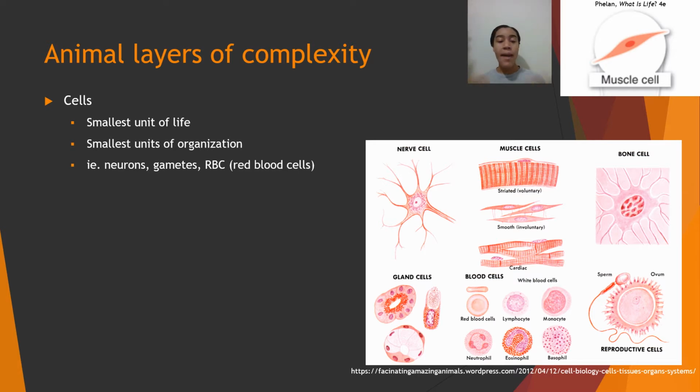Cells are not haphazard or random; they're highly organized, highly specialized units that work individually or as a collective to perform a particular function. Some examples of cells that you may be familiar with are neurons, gametes, red blood cells, stem cells, and bone cells. The list goes on and on. There are various different types of cells that make up the animal body.